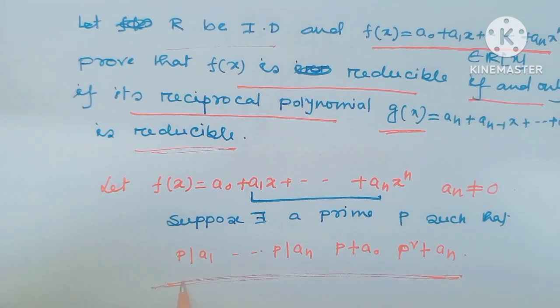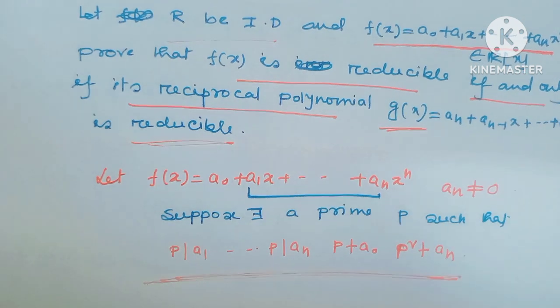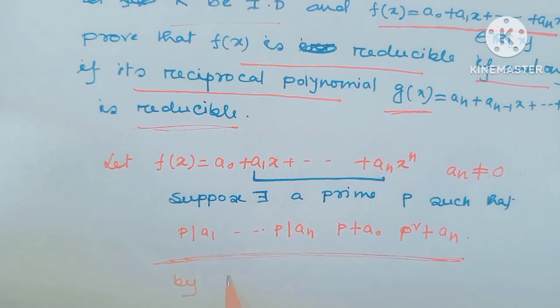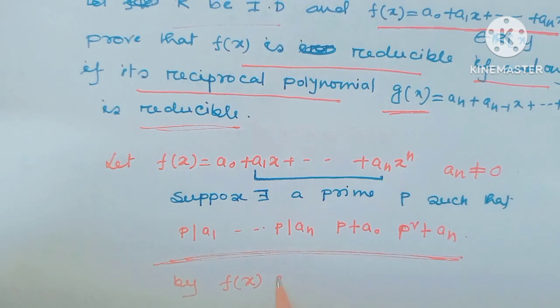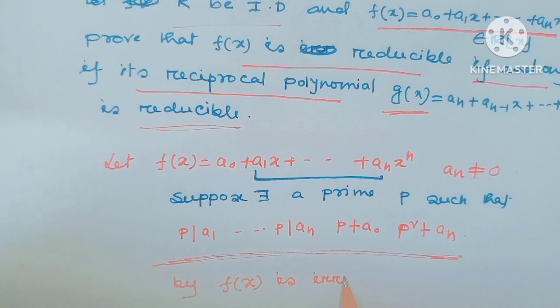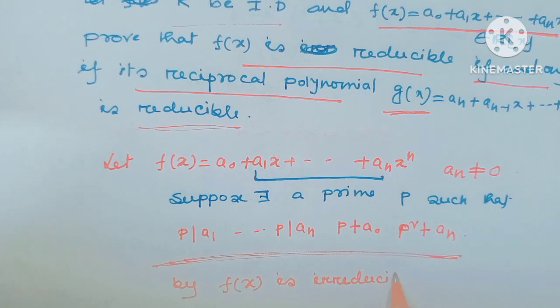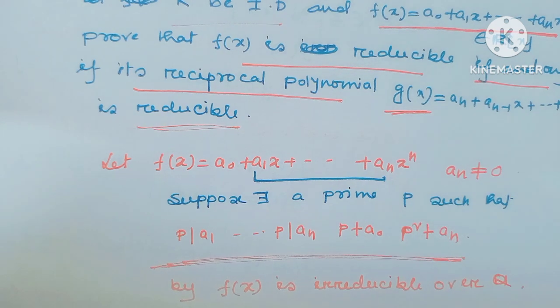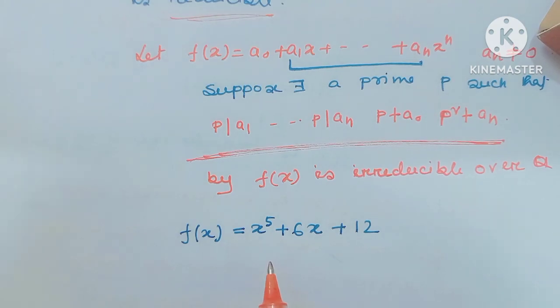For such a case also, by Eisenstein's criterion, we can tell f(x) is irreducible over Q.